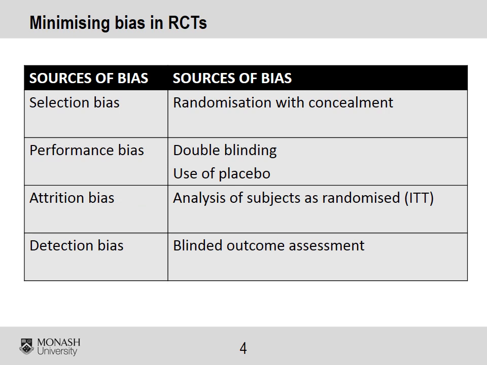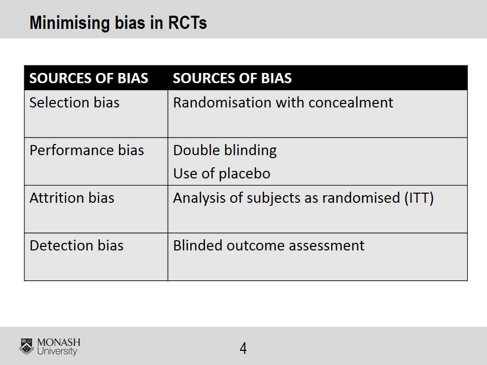So we'll run through how we minimise the four biases shortly, but I thought I'd just quickly refer to a term that you quite often hear when they talk about a randomised controlled trial, that being a double-blinded, placebo-controlled randomised controlled trial. And what that title is referring to is how researchers have gone about trying to minimise these biases.